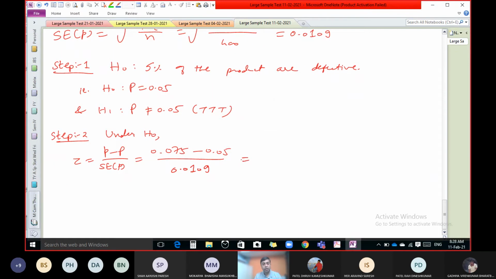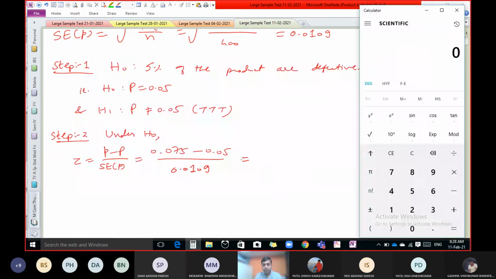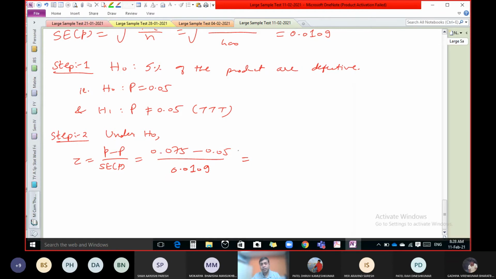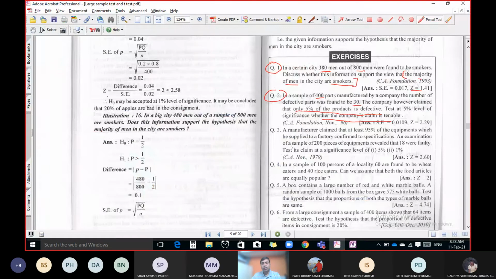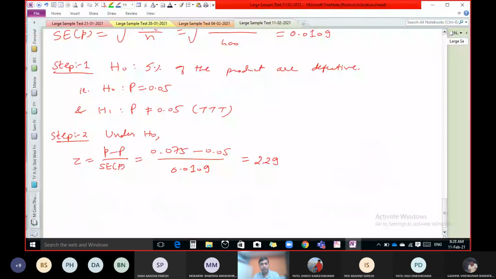Let us do this calculation: 0.075 minus 0.05 divided by 0.0109. The answer is 2.29. That is a positive value. So 2.29 is the answer for Z calculated.